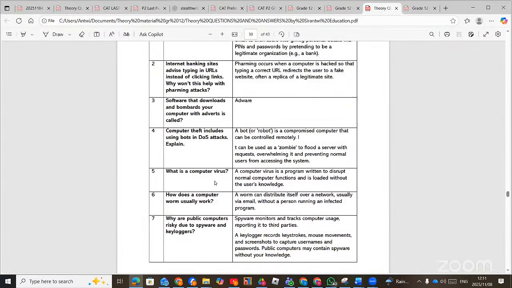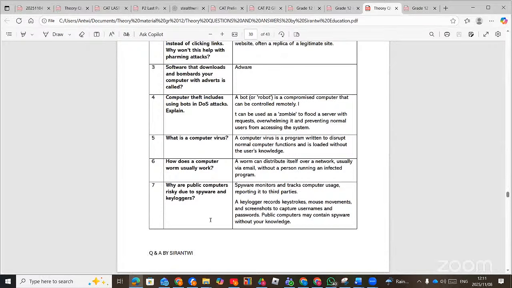Then what is a computer virus? A program written, or malware, to disrupt the normal function of the computer. How does a computer worm work? They replicate themselves without a person running an infected program. Why are public computers risky due to spyware and keylogger? Spyware monitors and tracks your computer secretly, but the keylogger records keystrokes. So you must know they use the keylogger to do what we call spyware.